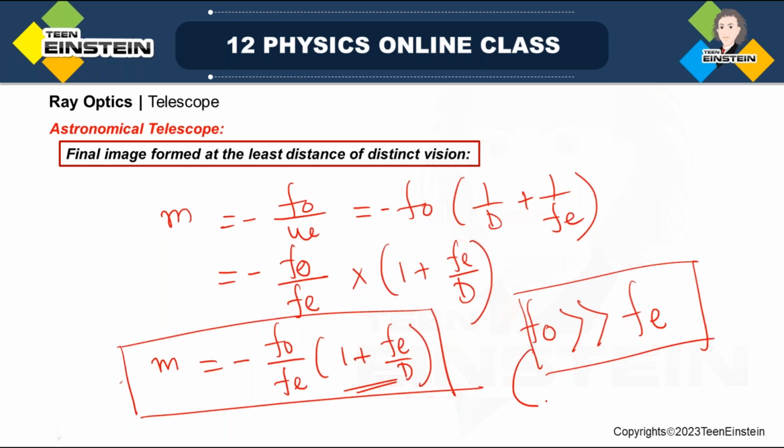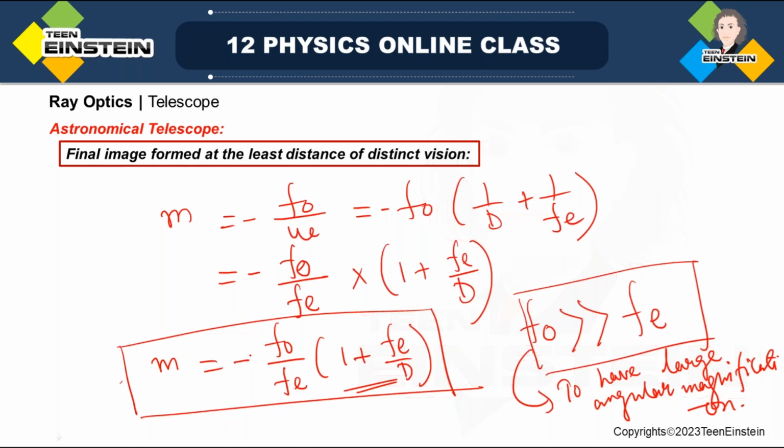This condition has to be satisfied to have large angular magnification or magnifying power.